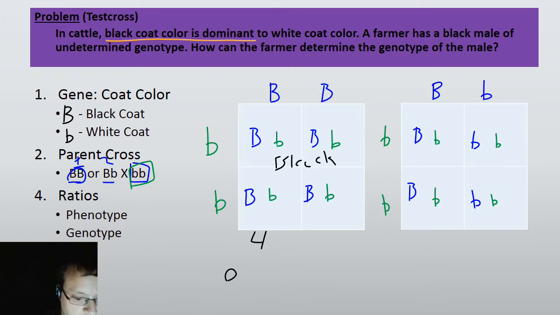So the genotype will be 0 to 4 to 0, which you can just write out 4, which are all these. You don't have the homozygous dominant, nor do you have the homozygous recessive. Okay? As in you just only have 4 black here.